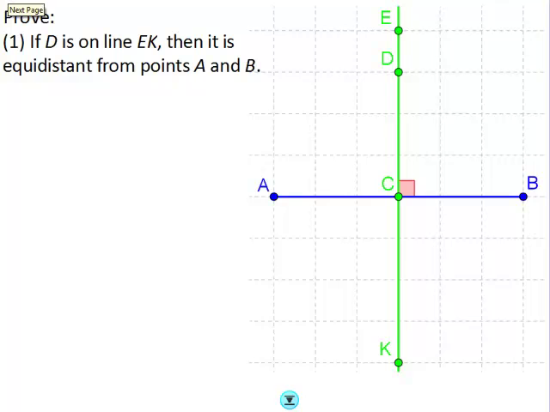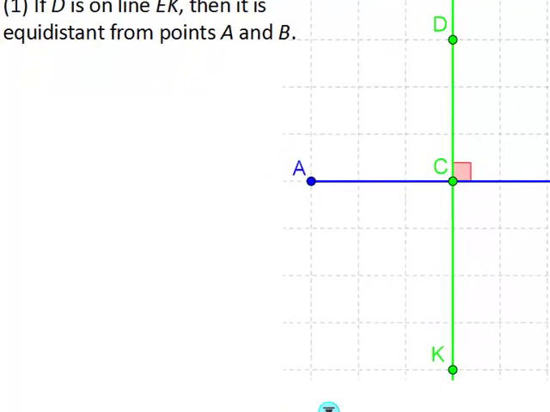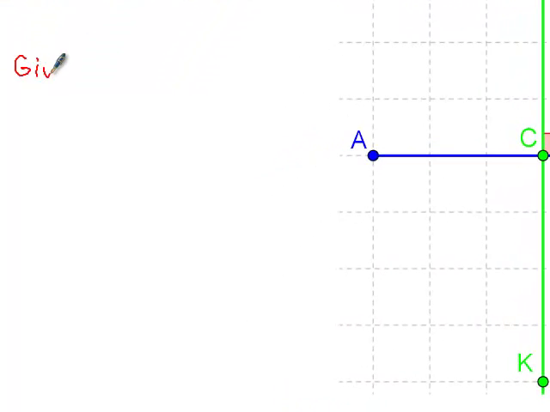Okay, so we're used to proving things that have a given and what we're supposed to prove. So the given here is that D is on line EK. D is on, I'm going to say it's on the perpendicular bisector of segment AB.